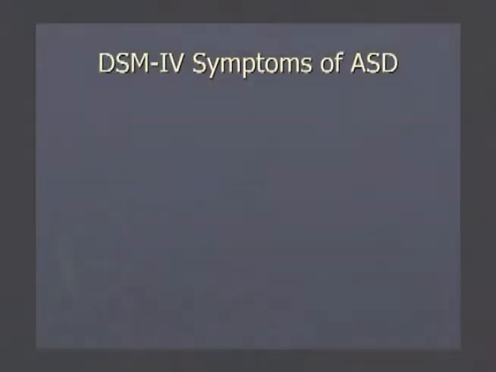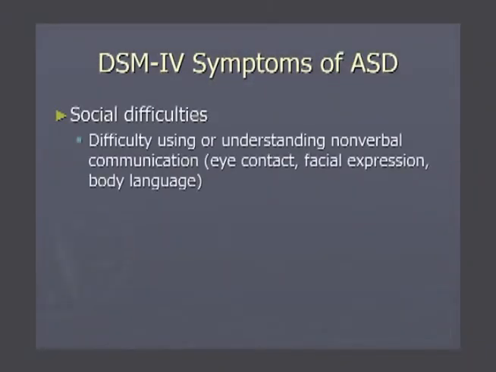All right, so the first area is in social impairment, is difficulty using or understanding nonverbal communication. So most people on the spectrum have a hard time making eye contact. A lot of times their facial expression is kind of unusual or flat, and they carry themselves as if they're a little bit stiff or awkward in their body.